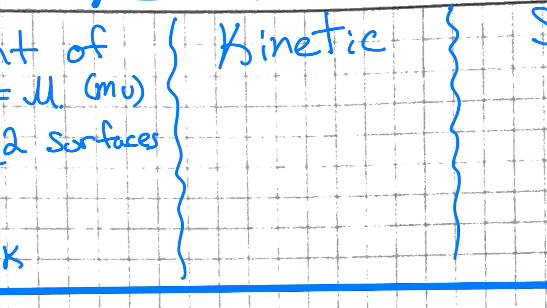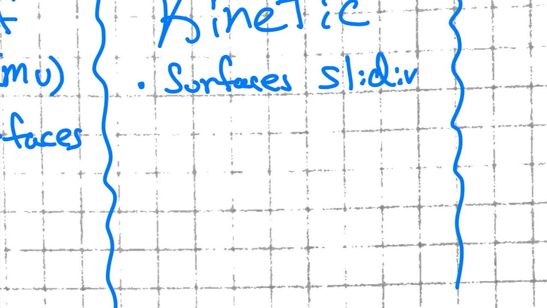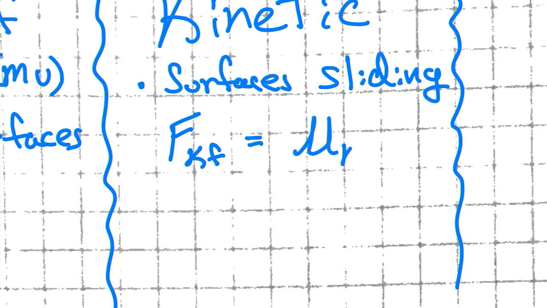Next up, we have kinetic friction. Just a few quick reminders about kinetic friction. With kinetic friction, we have surfaces that are sliding. The formula for kinetic friction, the force of kinetic friction, is equal to mu k times the normal force, how hard the surfaces are being pressed together.